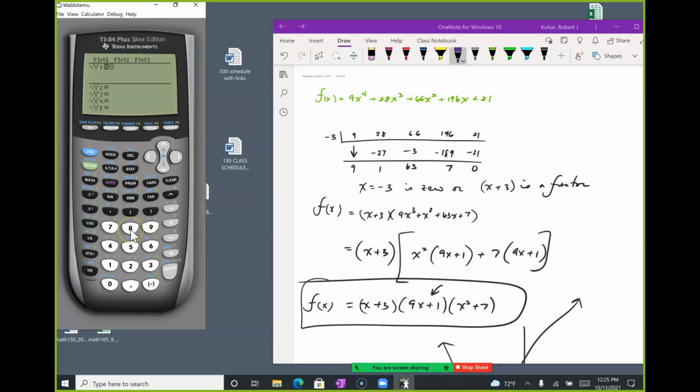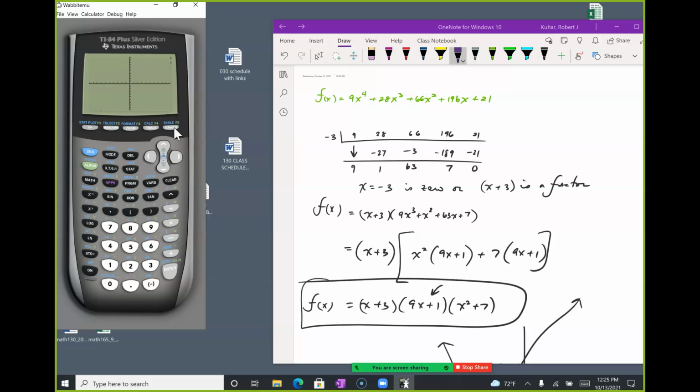One more time. 8x raised to the fourth, right arrow, minus 2x squared, right? Minus 2x squared, plus 7x, minus 1.